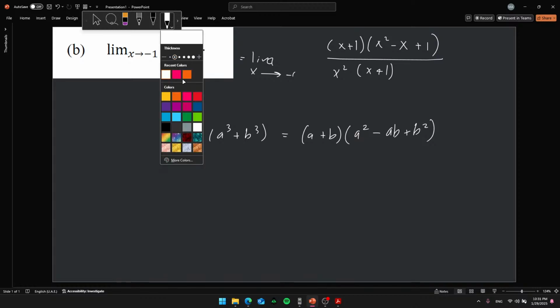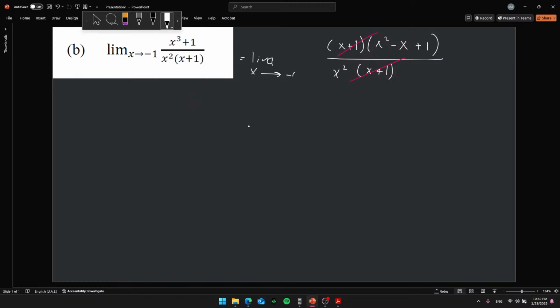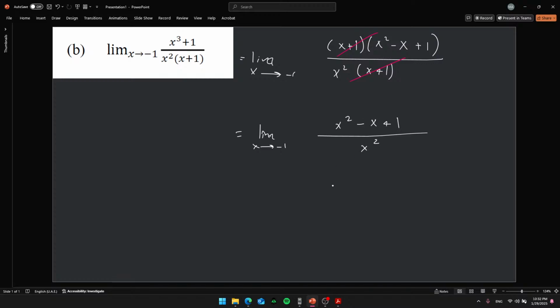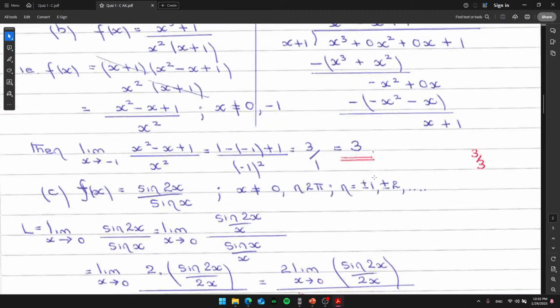The x plus 1 cancels. So with x equal to negative 1: negative 1 squared minus negative 1 plus 1 over 1, so 1 plus 1 plus 1 over 1, which is 3. Yeah, 3.